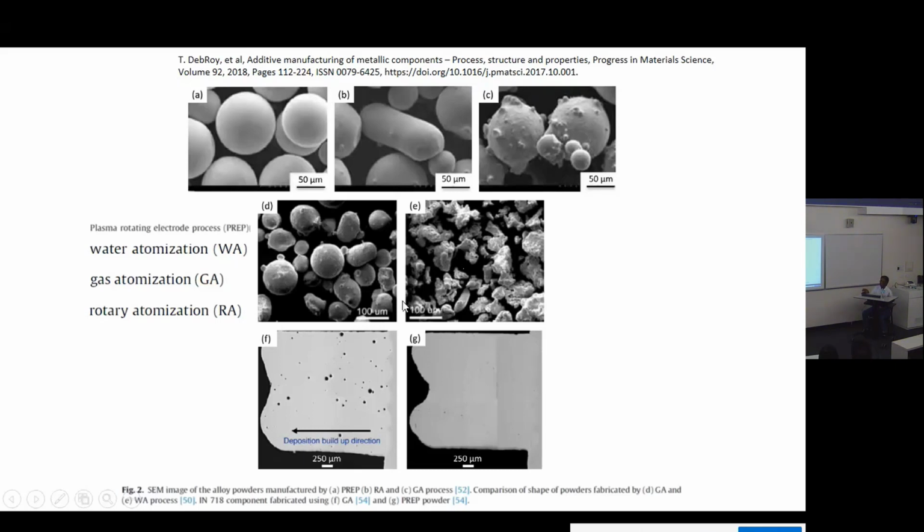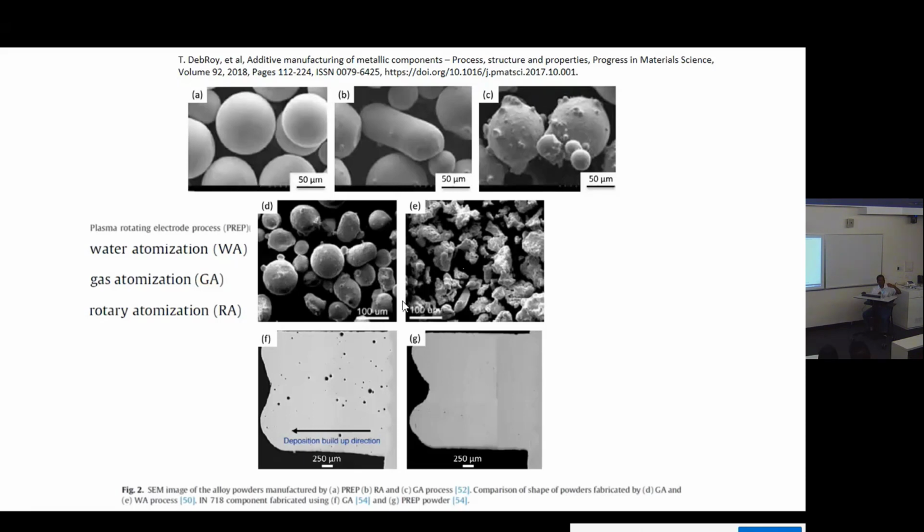And then you can see slightly irregular shaped powders are water atomized. So instead of gas, you use water to atomize the powder. So you can have different shaped powder. And apparently, I've been told from Speed 3D that water atomized powders behave better and get attached to the substrate in a much better fashion because of the irregular shape.